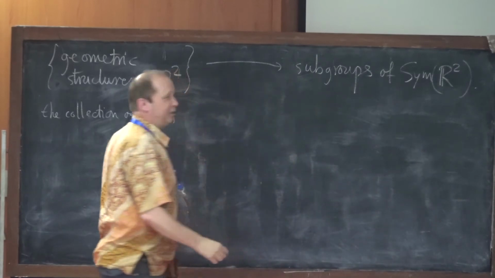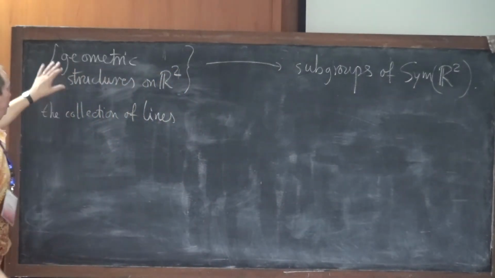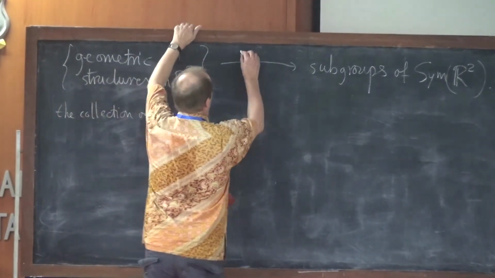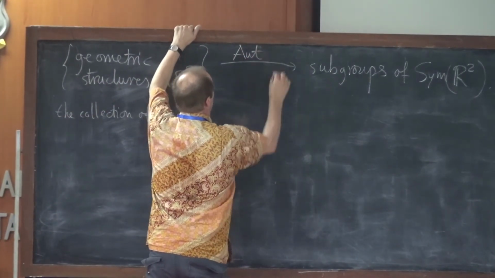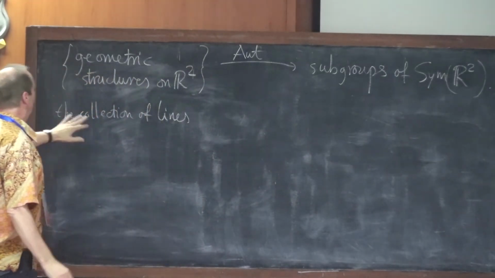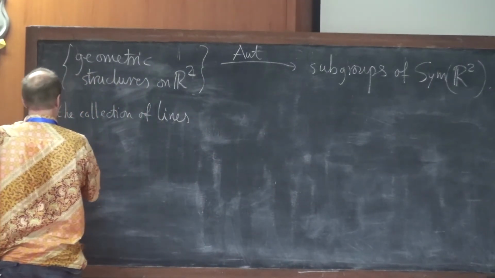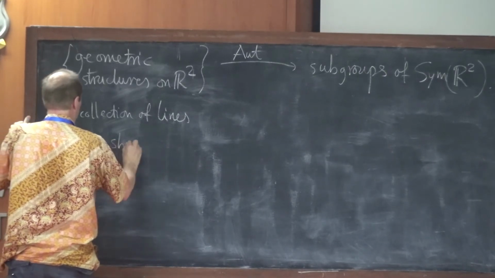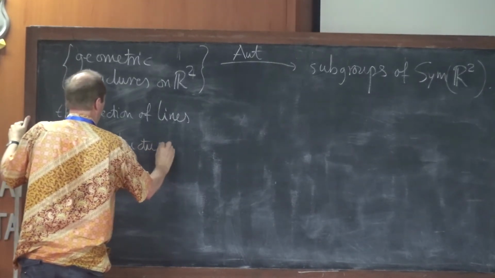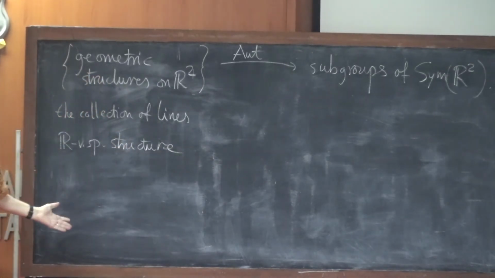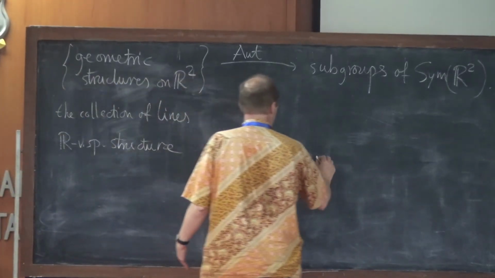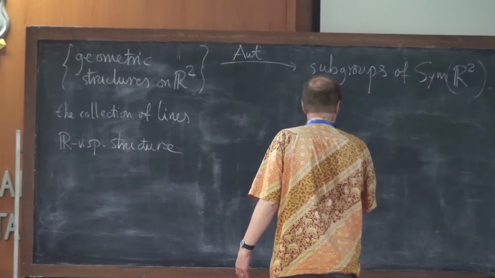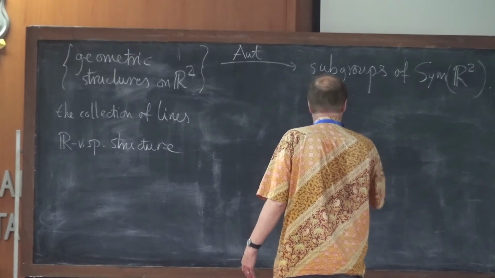So how do you do that? If you have some geometric structure, you take its automorphisms. Suppose I have an R-vector space structure and I take its automorphisms, then what do I get? I get the group GL2R, the linear invertible transformations.